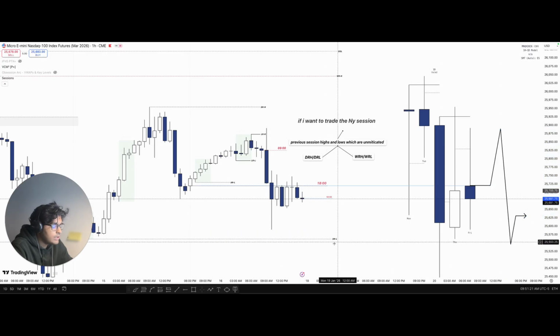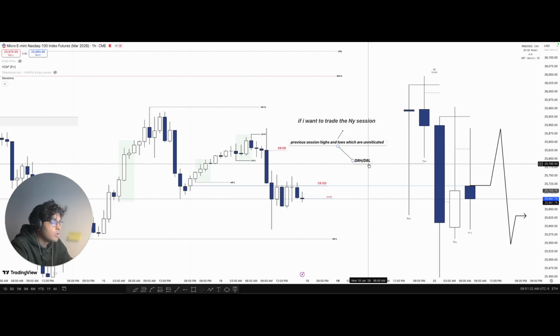The daily low was my drawn liquidity and my bias was bearish. Just because my bias was bearish, I need to filter out where the price can actually go.